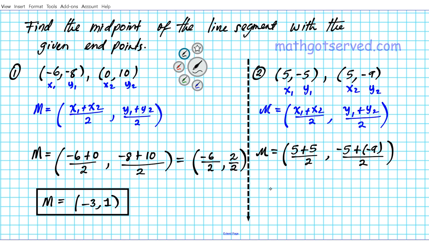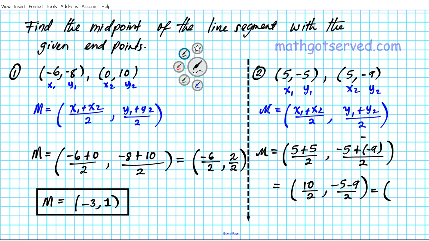Then just use PEMDAS to finish this off. So you have 5 plus 5, that's 10 over 2, comma, and then negative 5 plus minus, if you multiply these two signs, that's going to be a negative. So I will have minus 5 minus 9 over 2.